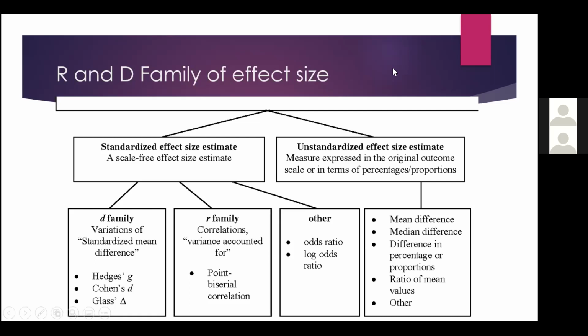So D value: in this the input is standard deviation and mean. And I'll show you that in the Meta Essentials sheet also. So in D value, what will I do? I'll show you in slides also, but it is generally done on experimental studies, generally in medical sciences.